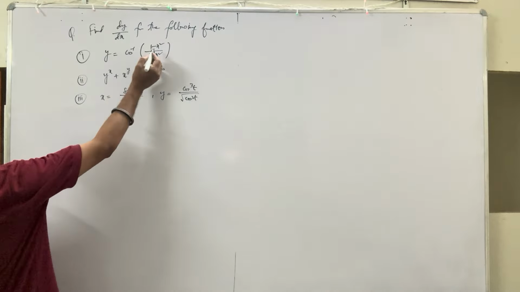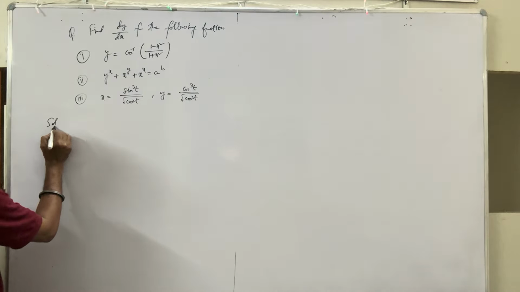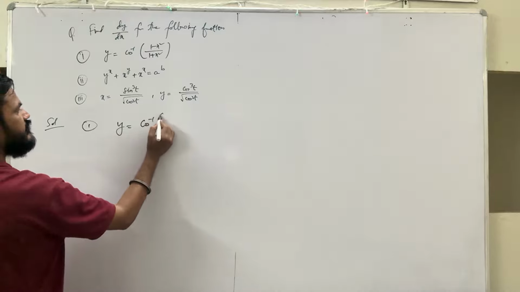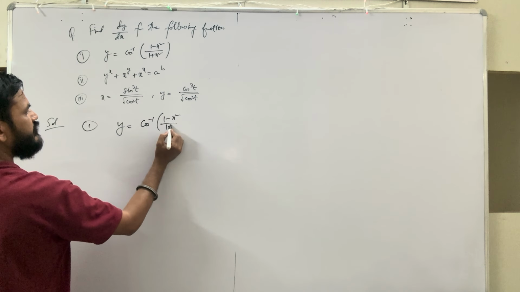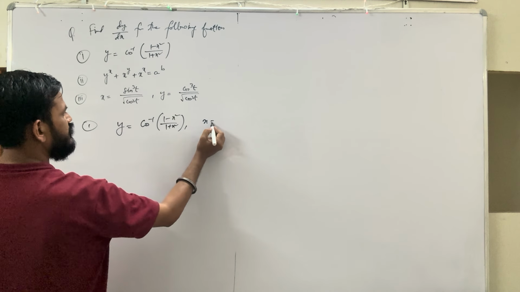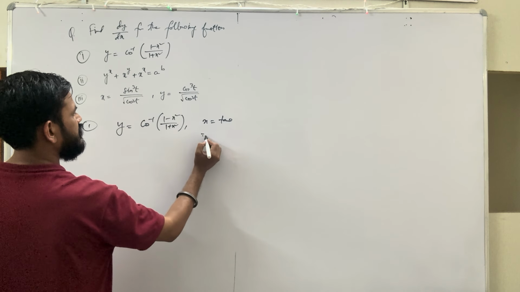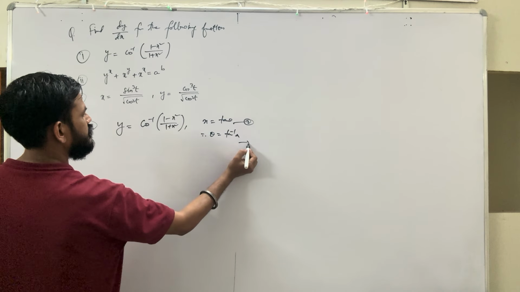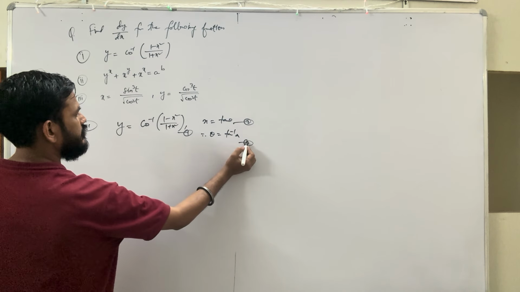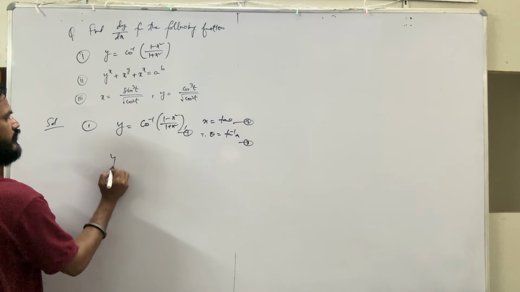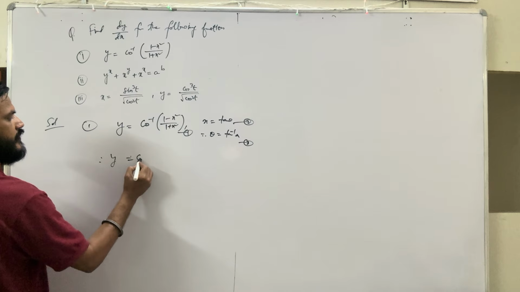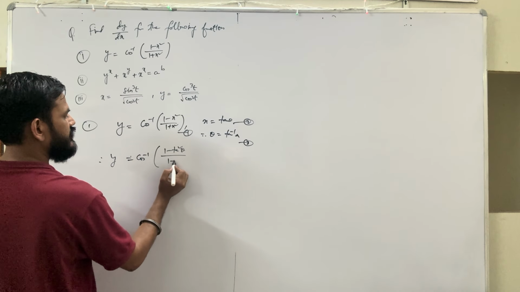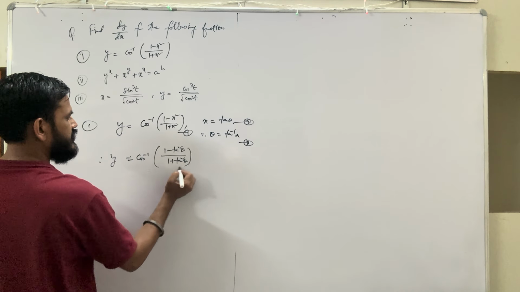So for solving the first one, y equal to cos inverse of (1 minus x square) by (1 plus x square), we take x equal to tan theta. Therefore theta will be tan inverse x. Now y becomes cos inverse of (1 minus tan square theta) by (1 plus tan square theta).